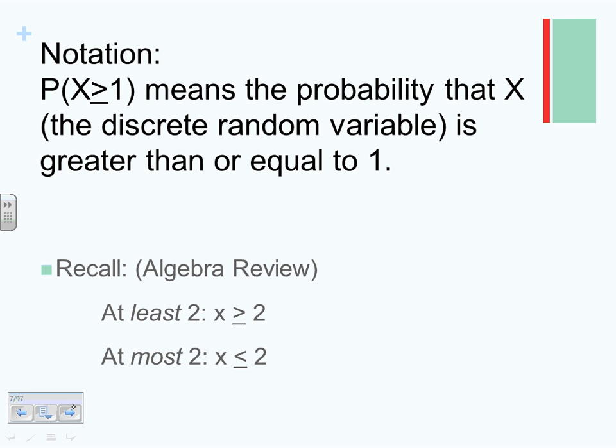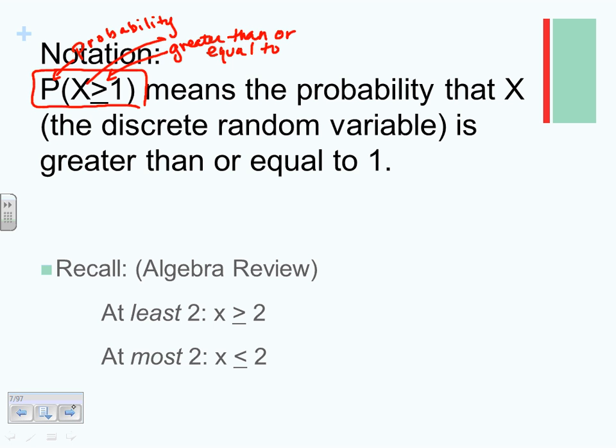So let's see some notation. If I have this right here, this is telling me I'm going to take the probability that x is greater than or equal to, in this case, 1. So this is the event going on. It's the probability that whatever event x represents is greater than or equal to 1.